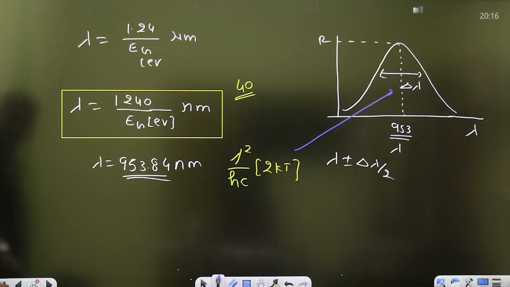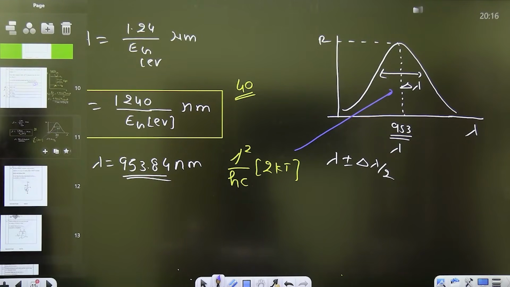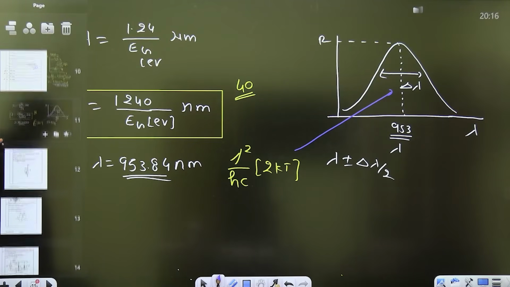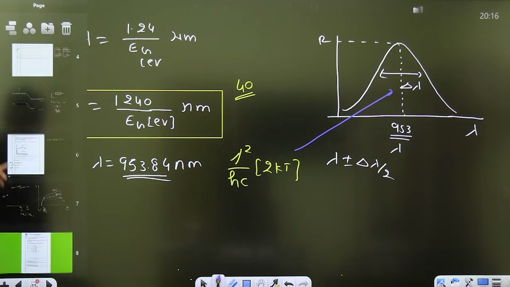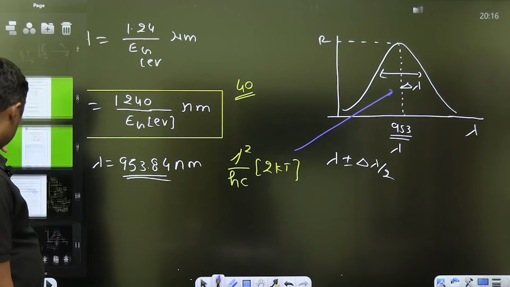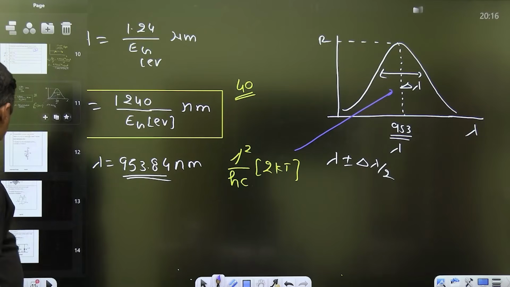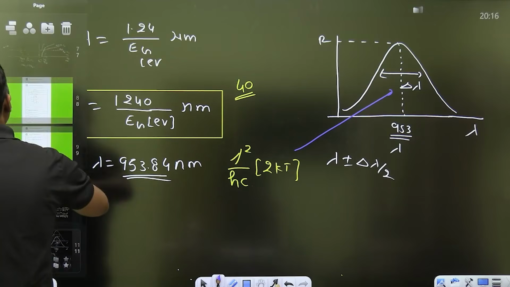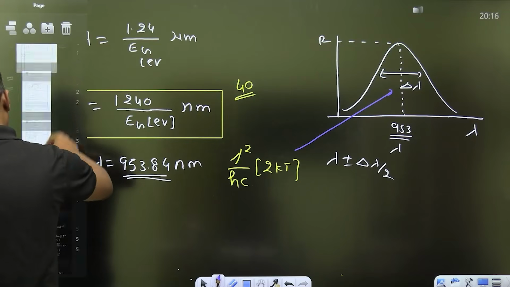Now let me take one more question on EDC, let me discuss it first. One minute, where is the question? This is one question on diffusion current, guys. Good question. There was one question on diffusion current.